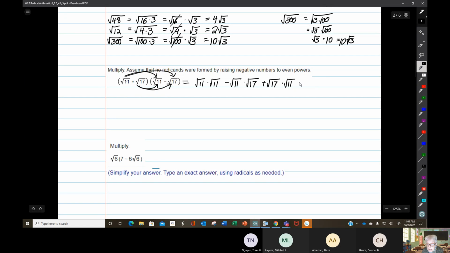What that gives you is a minus, because plus times minus is minus, the square root of 17 times the square root of 17.